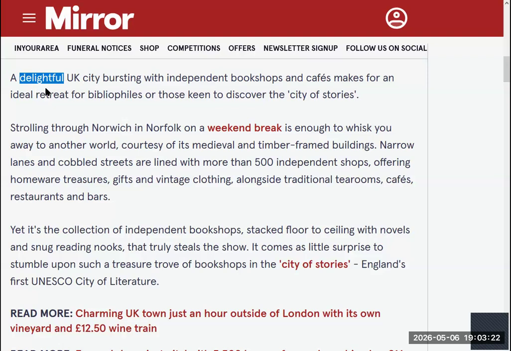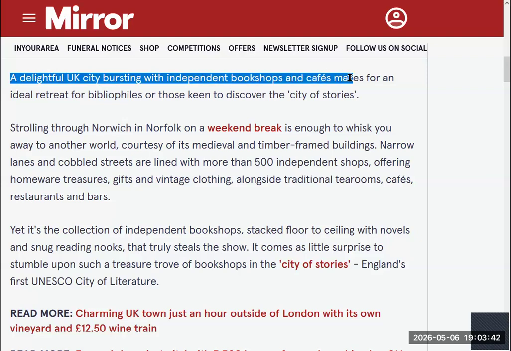So something that's delightful is very nice, very pleasant. So it's a description of the UK, but in particular one of the cities in the UK it's talking about. So in this first section, are there any words that you don't understand and would like to practice?